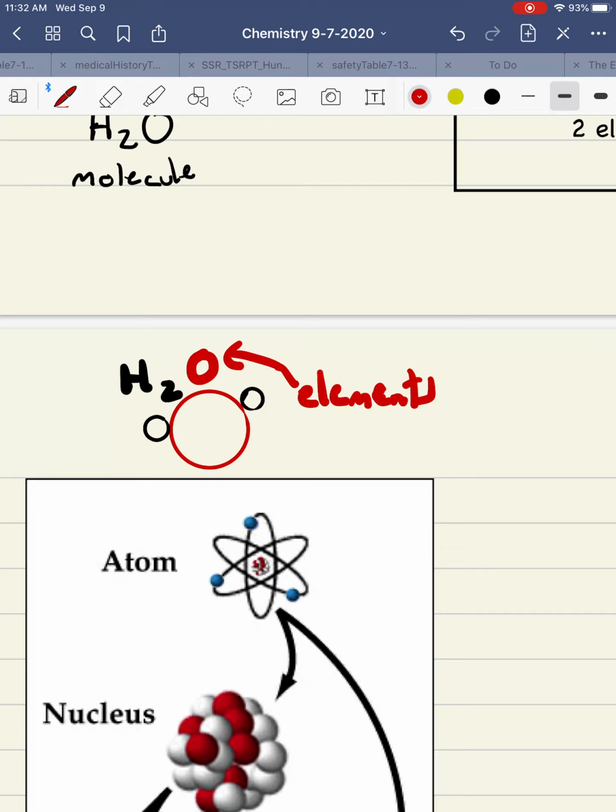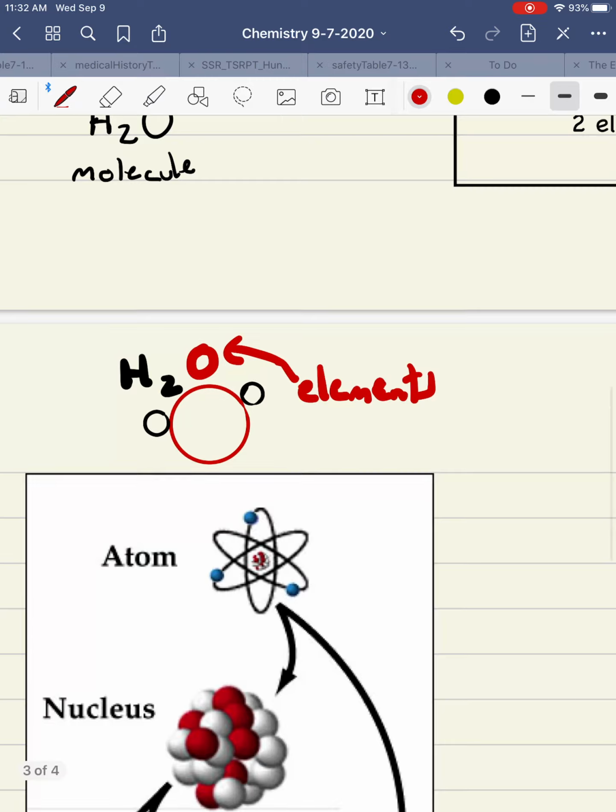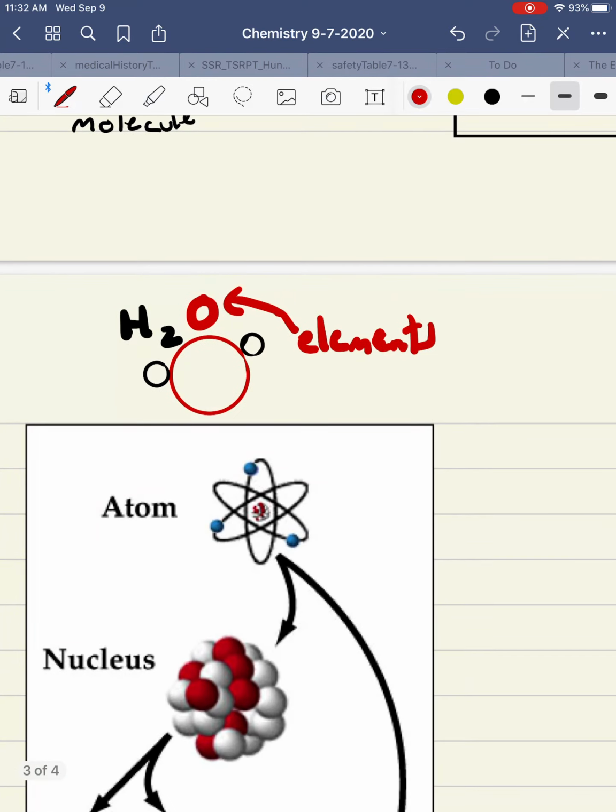And you're going to hear these terms interchangeably used, elements and atoms. For our purposes, for now, you can think of elements as atoms. Atoms are really the fundamental unit of matter.